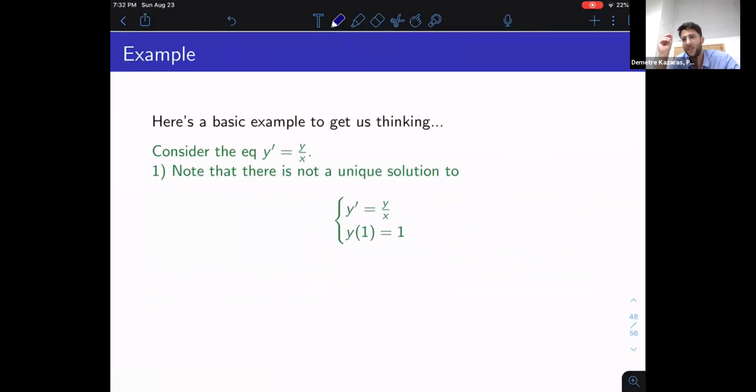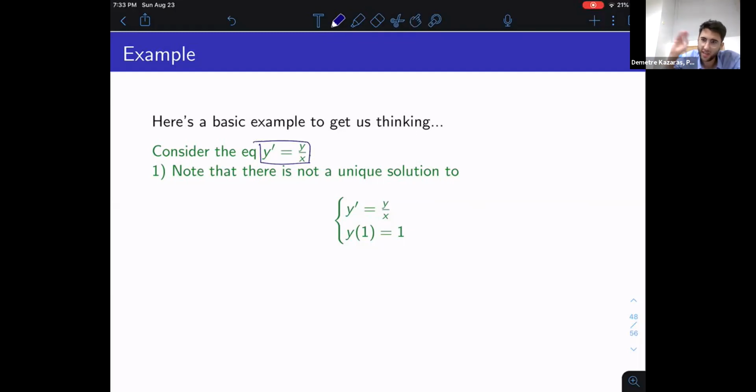Okay, so let's take a look at the following example. We've encountered a little bit, a taste of it at least. Let's take a look at this differential equation. Very simple differential equation. y prime is equal to y over x.